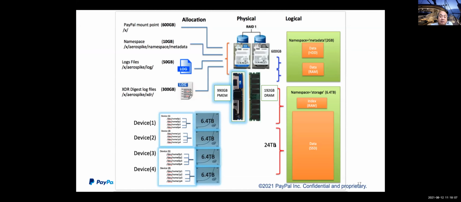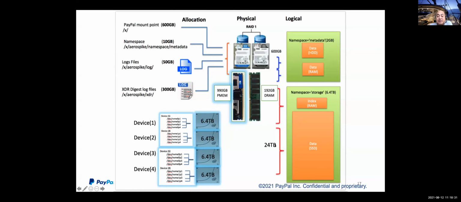So finally, this is a diagram illustrating how we use the PMEM. So we have 4 SSDs, each one of them is 6.4 terabytes, for a total of 24 terabytes per server. So we have a huge storage on a per server basis. And imagine today we have 2,000 hosts. You multiply that, that is an enormous amount of capacity.